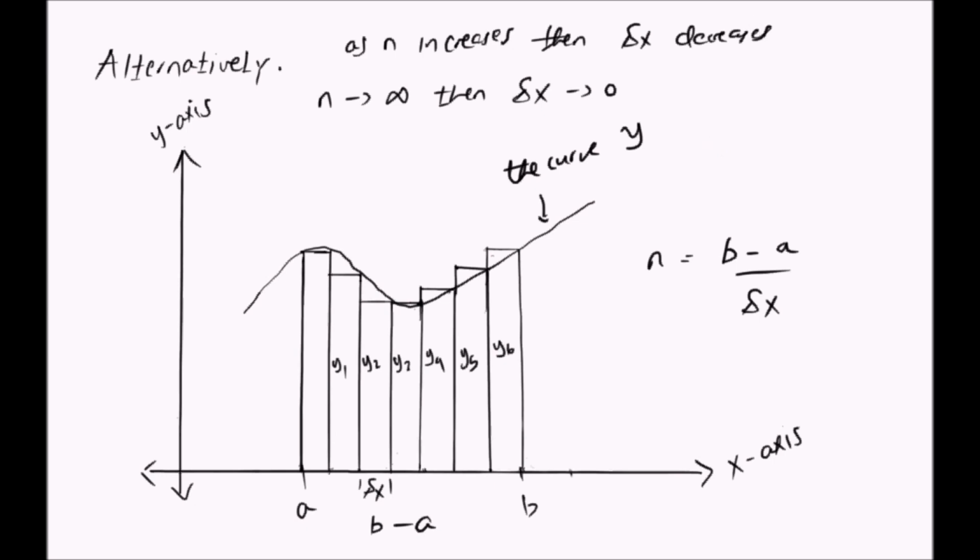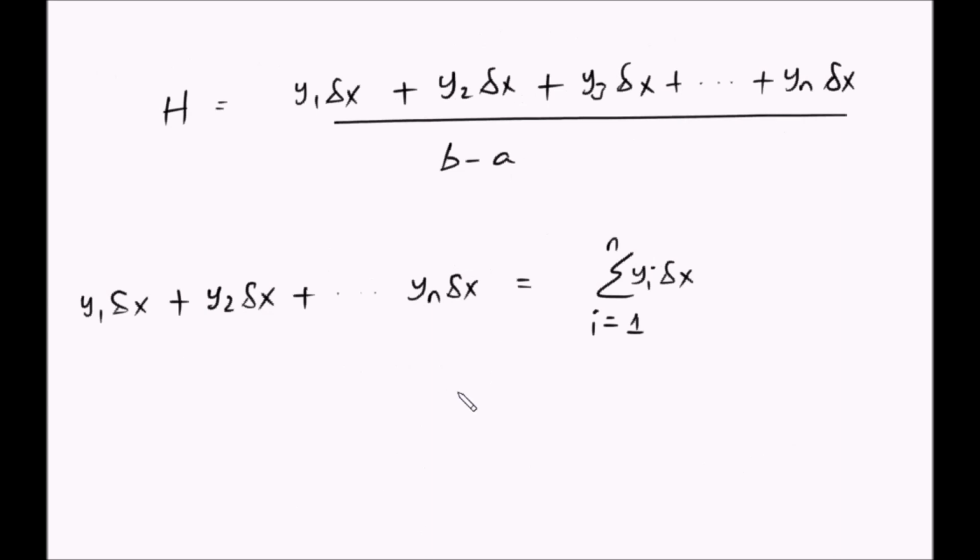So now we have said as n approaches infinity, sasa then delta x approach 0.